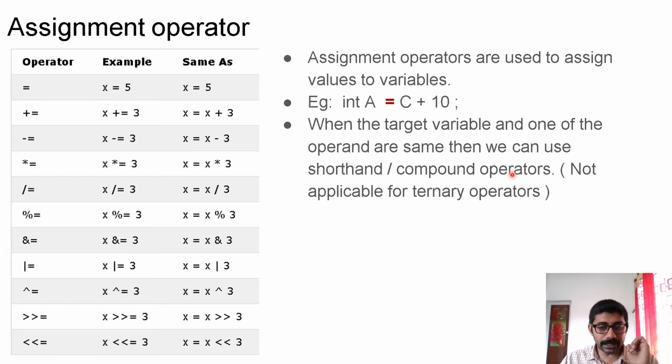In the case of binary operators, when the target variable, the variable in which you store the result, and the first operand are both the same, we can use the shorthand or compound operators, meaning an operator followed by the equal to symbol, like plus equal to, and equal to, or equal to. All are compound operators.